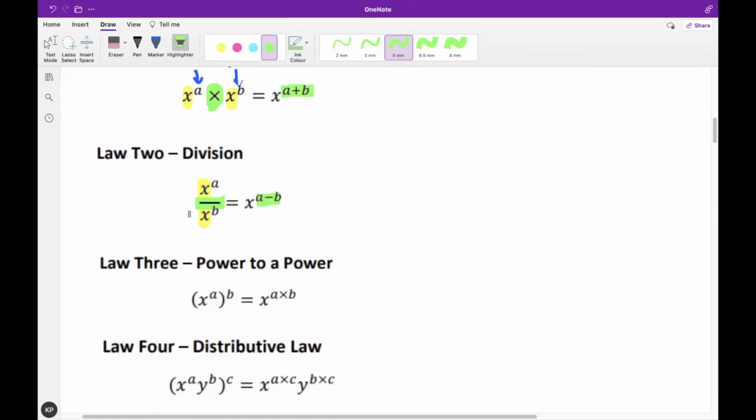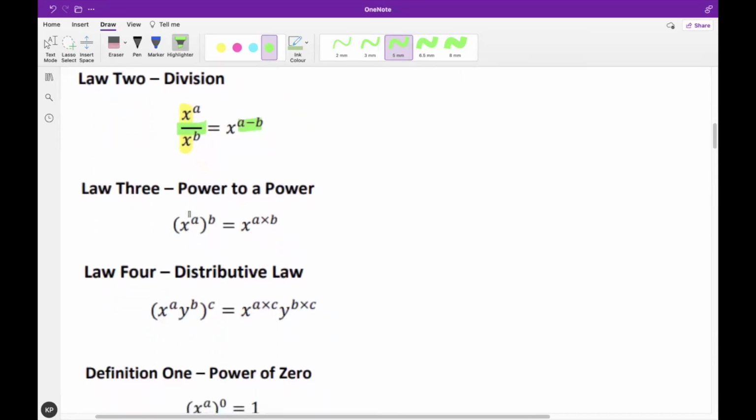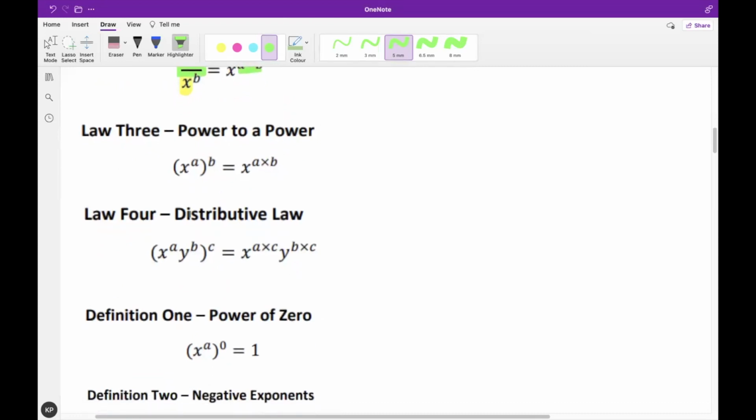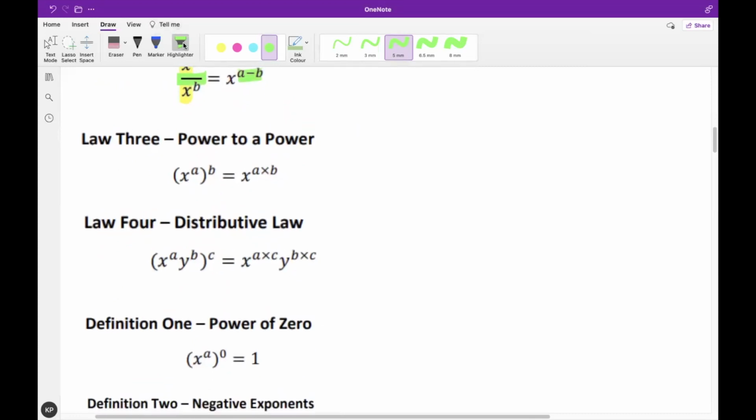All right, let's move on to law 3, which is power to a power. What this means is you already have a power. If we revise and think about what a power is, a number with its exponent. So if I say 2 to the power of 4, this whole expression here is a power.